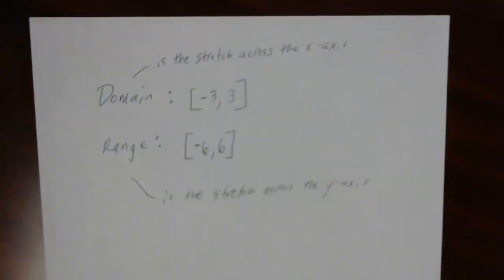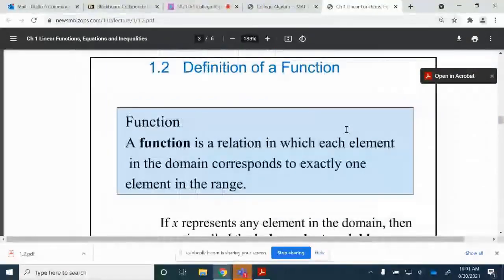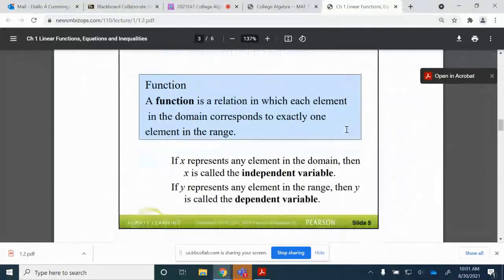Now in the definition of a function that we had just taken a look at, there was another part, right?